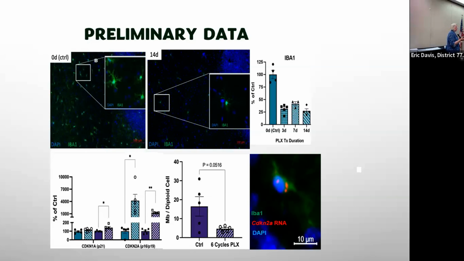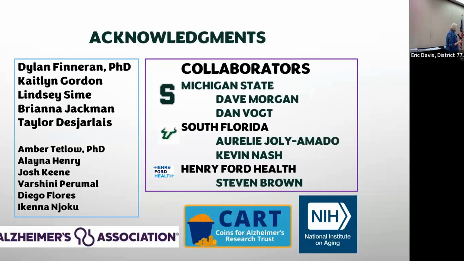That's just a characteristic that they have, and we show that these cells also have that. And then this is a microglial cell. This is the nucleus of the cell, and we know it's a microglia because it has this green staining around it. And then it has the marker for cellular senescence in these little red dots on it too. So we know that this is a picture of a senescent microglia that we made senescent by doing this drug regimen. And so that's the experiment that I'm going to do with the grant fund.